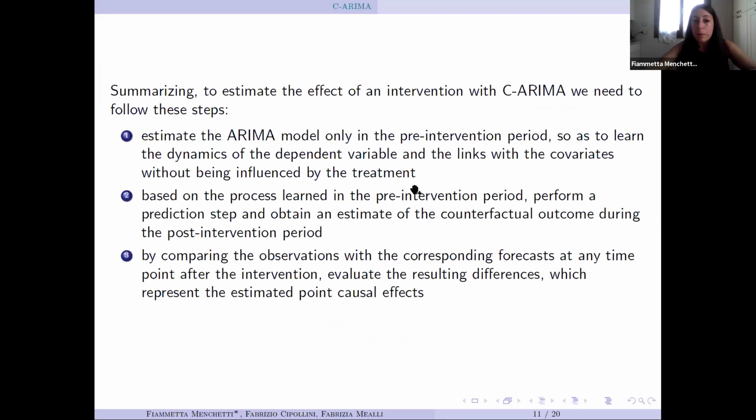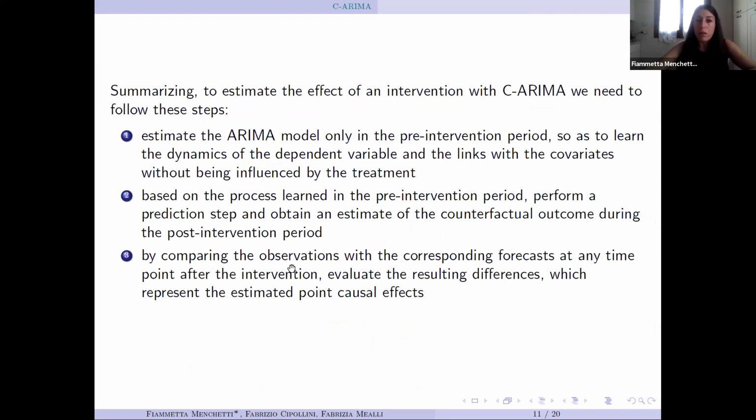To sum up, to estimate the effect of an intervention in a time series setting using our approach, you need to follow these three steps. First, you need to estimate an ARIMA model, but just in the pre-intervention period, to learn the dynamics of your dependent variable and the links with the covariates. Then, based on this process, you can perform a prediction step to obtain an estimate of the counterfactual outcome in the post-intervention period.